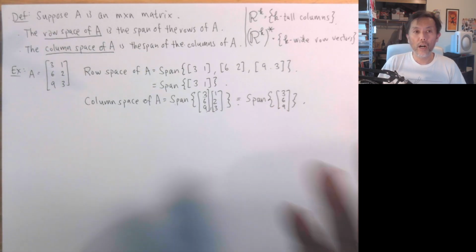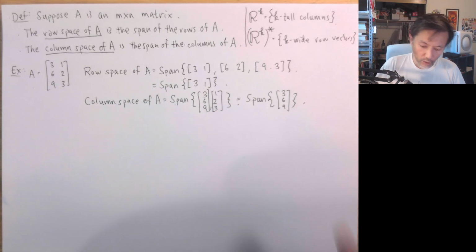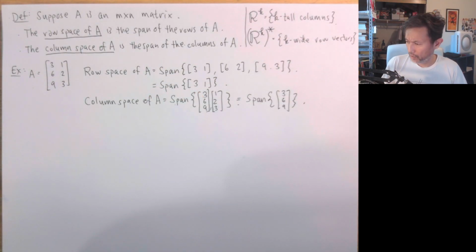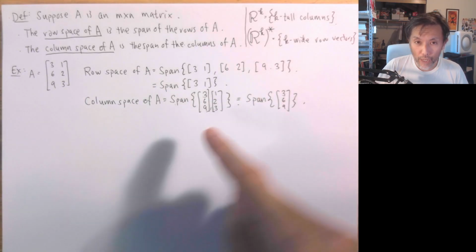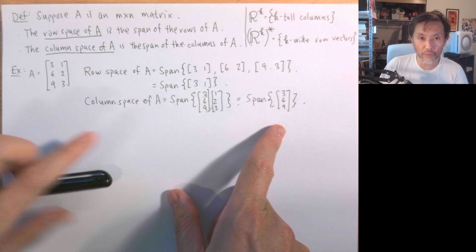And we know the theorem that every basis for a vector space has the same number of elements. We call that number the dimension. So evidently the row space is one-dimensional and the column space is one-dimensional. They're both one-dimensional, even though they live in very different spaces and look quite different from one another.